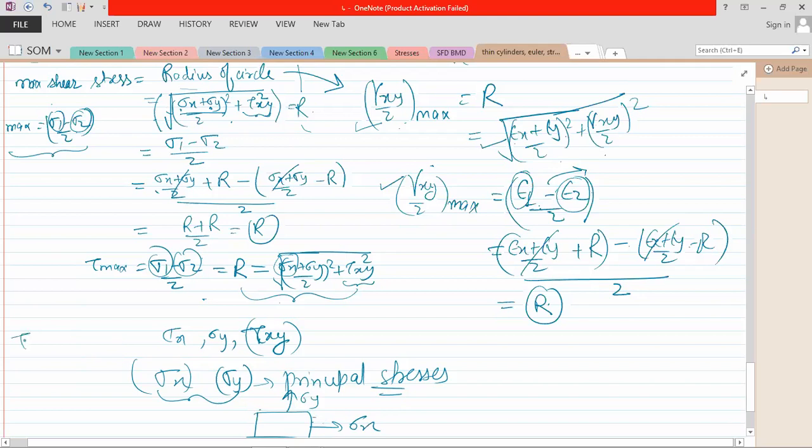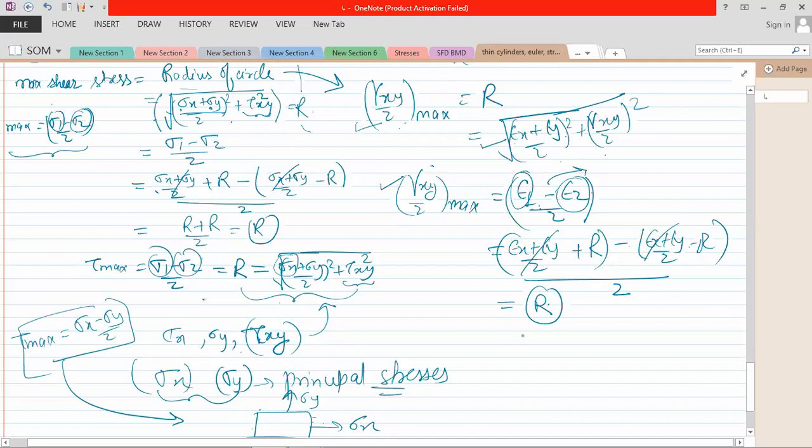So you can directly write tau max equal to (sigma x minus sigma y)/2 for this condition only, when there is no shear stress. But if there is shear stress, you go with this formula. That is the difference. When shear stress is not given, they are already on the principal planes, and principal planes means there is no shear stress present.